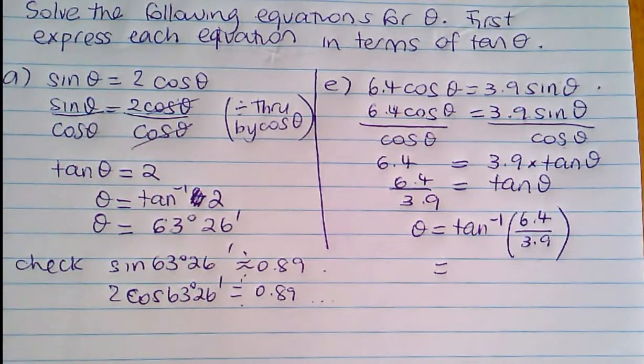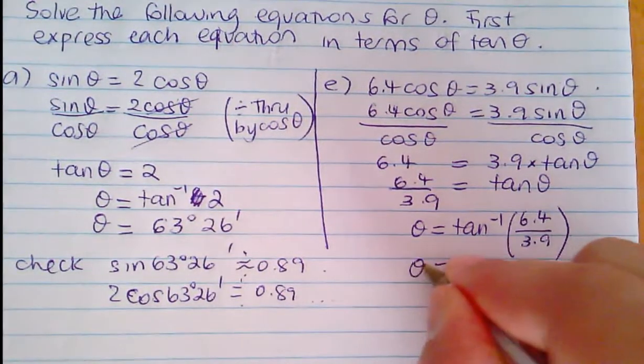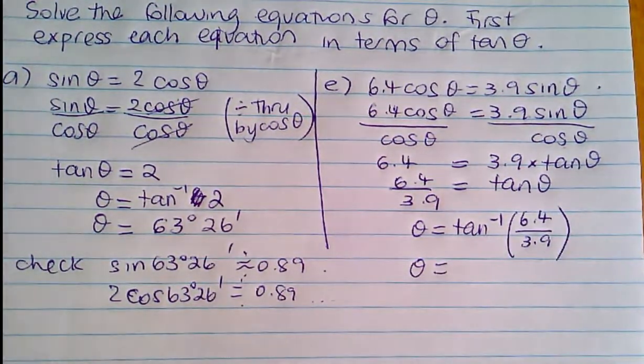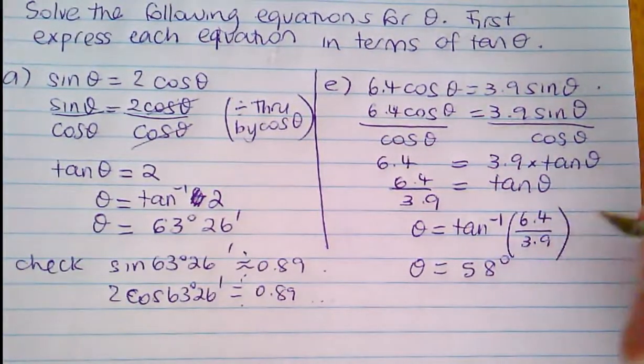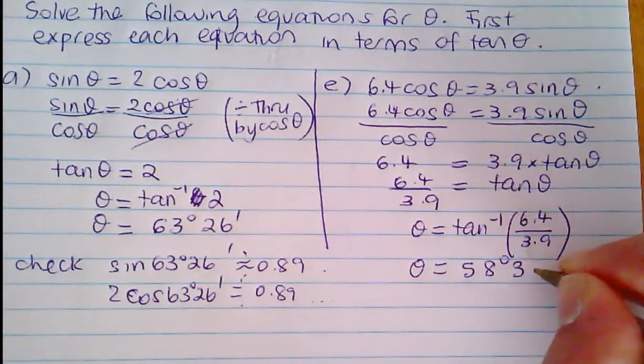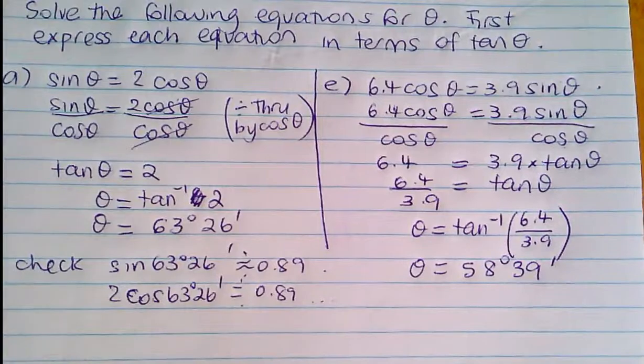Make sure you close your bracket as well. And I'm getting 58.64, changing that to degrees and minutes: 58 degrees, 38 minutes, 34 seconds. That would be closer to 58 degrees, 39 minutes.